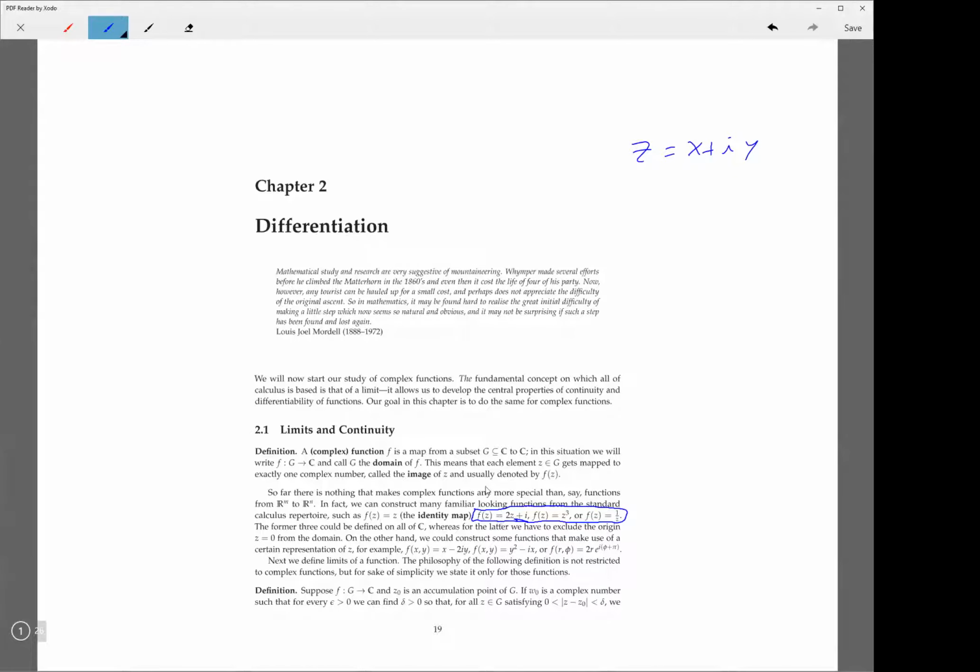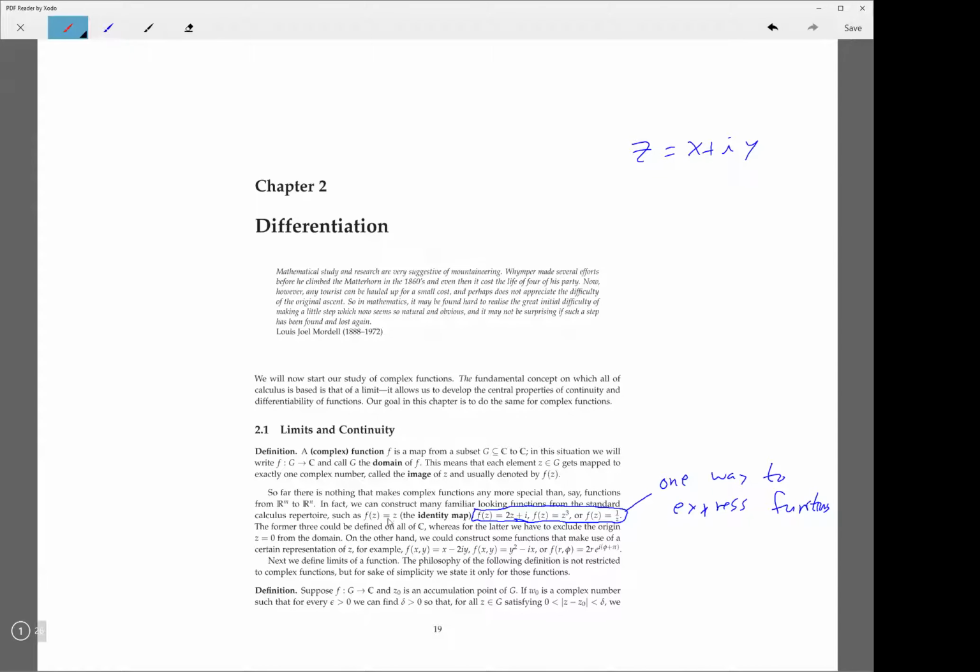Your input variable is z, and the outputs are in terms of z. This is one way to express complex functions, just with the z.